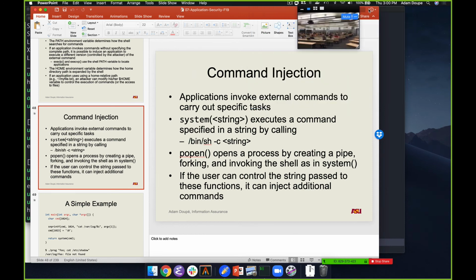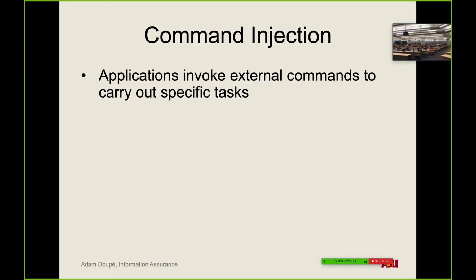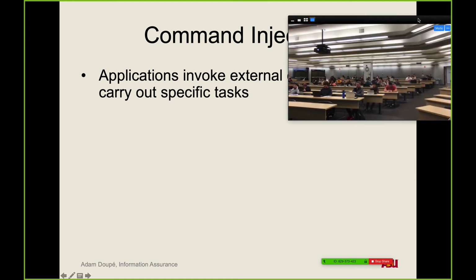So, digging deeper into system. Not only do applications invoke external commands to carry out specific tasks, as we saw with using cat to cat out a specific file, what if we combined the two things we were looking at?